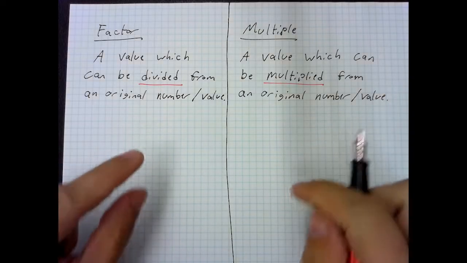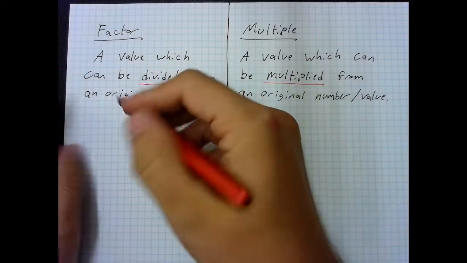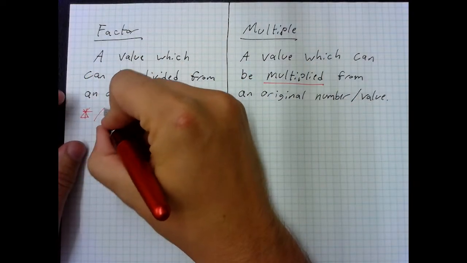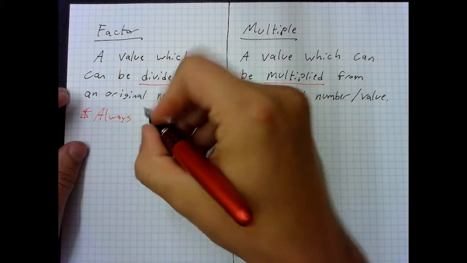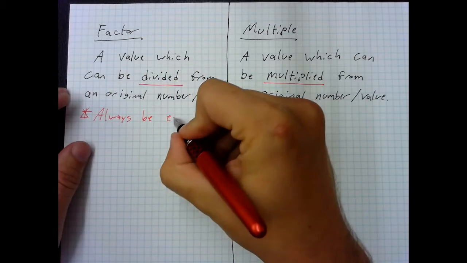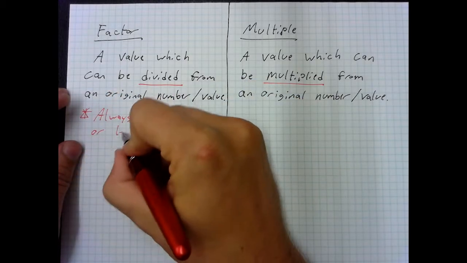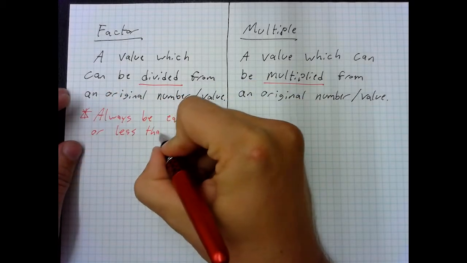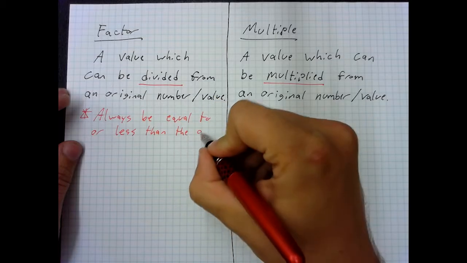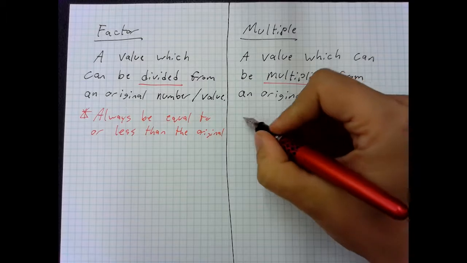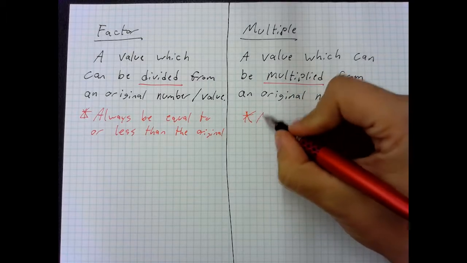Another little difference that you can find between them is a factor will always be equal to or less than an original value. Whereas the multiple has the opposite effect.